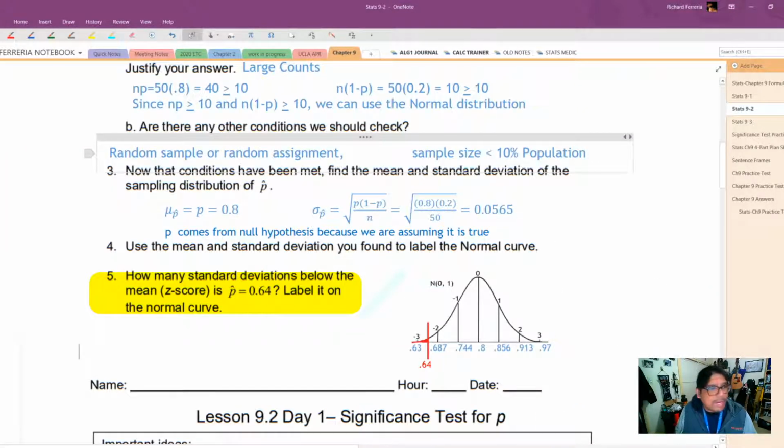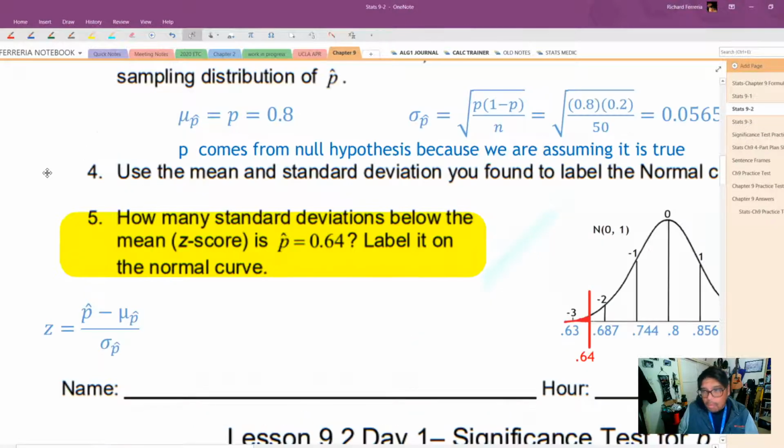Okay, let's back up. We really want to find out the z-score for 0.64. So let's get our z-score equation. What we're going to see is that z is going to be equal to p hat minus mu of p hat over sigma of p hat. And it's a good thing we have numbers for all of those.